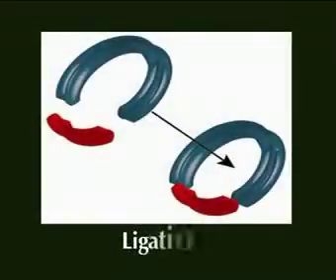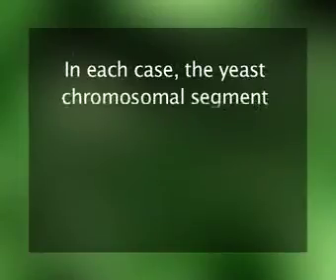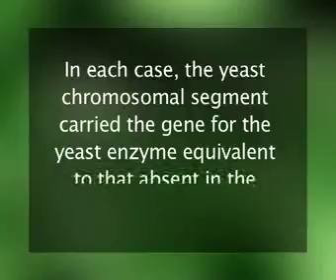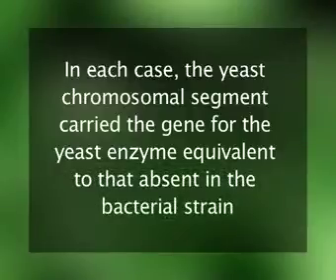Similarly, ligated fragments of the yeast genome into a plasmid called ColE1 obtained a small number of leucine-independent transformants from a leuB E. coli strain. In each case, the yeast chromosomal segment carried the gene for the yeast enzyme equivalent to that absent in the bacterial strain.